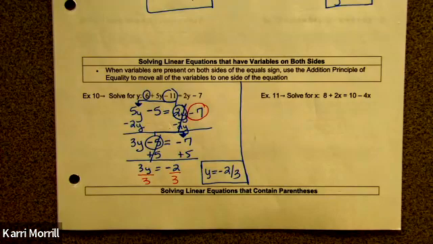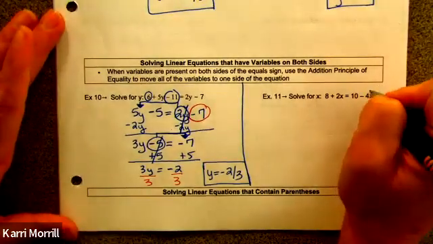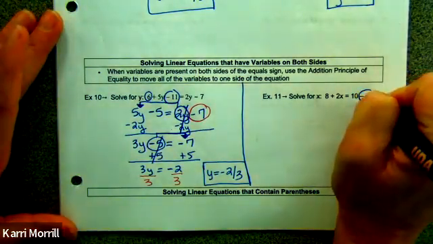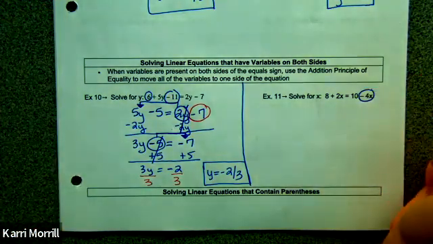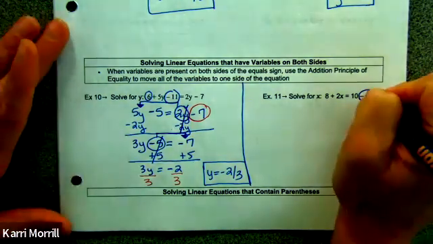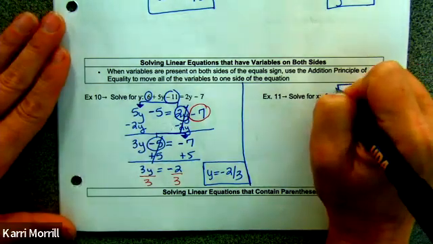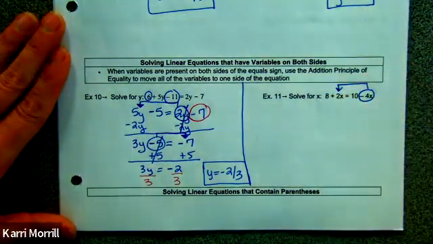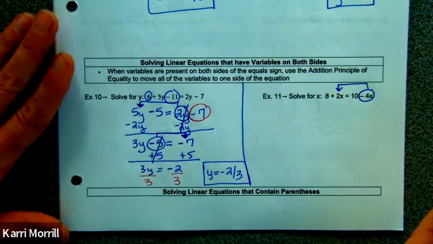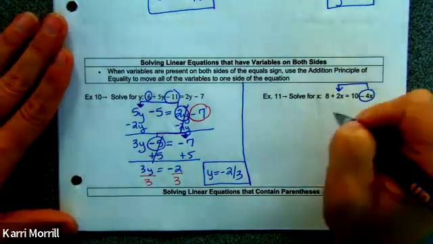I just try to do it always the same way, just for instruction, and move my variable first, but you can start by subtracting 8 first. Totally fine. You're going to get the same deal. But if I'm going to move it first, since I'm the teacher, I get to give it to you, I'm going to add 4x.